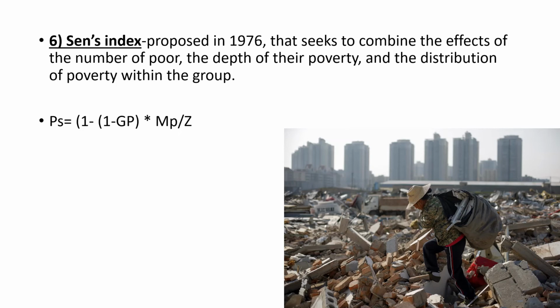It is explained with the help of this equation: PS is equal to P0 into (1 minus GP into MP divided by Z), where P0 is the headcount index, MP is the mean income of the poor, GP is the Gini coefficient of the inequality among the poor, and Z is the poverty line.